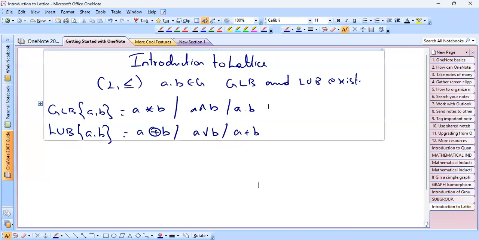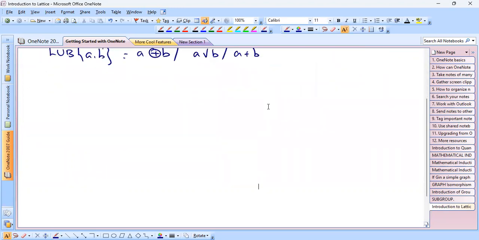Let us check the properties of lattices. Now we are going to check the property which is called the isotonicity property.